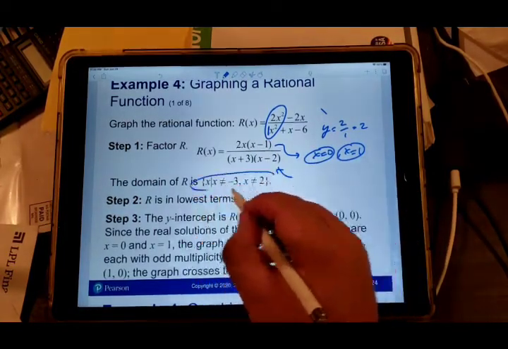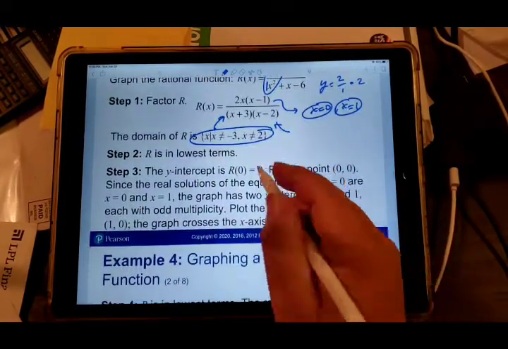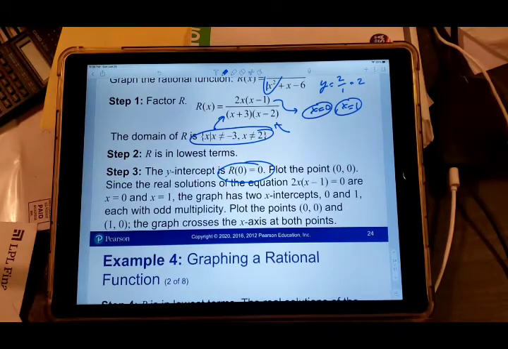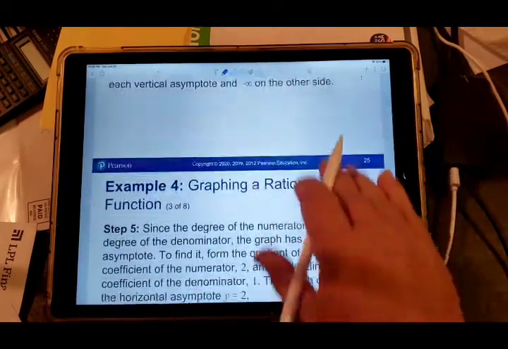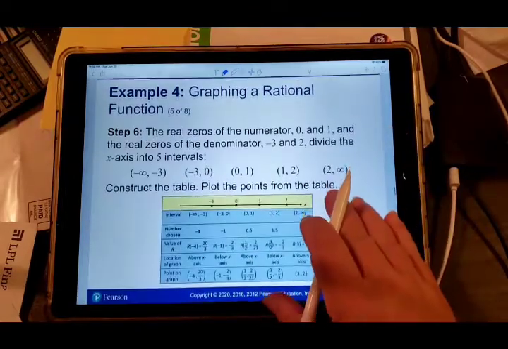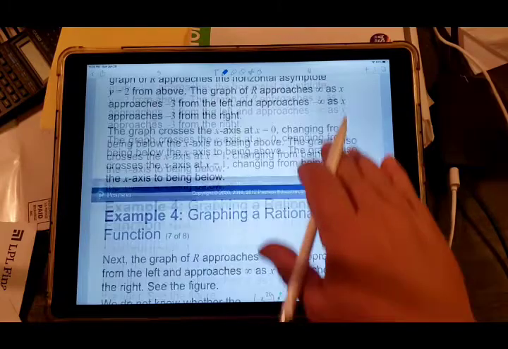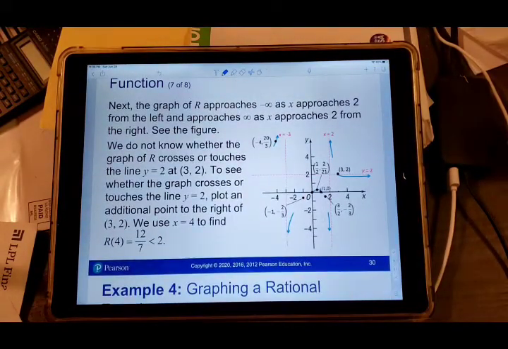And I know my asymptotes by setting the denominator equal to 0. R of 0 equals 0, one more point. This might be an exception to some of the problems that I've done before, in that the points themselves might not be 100% of the information I need.